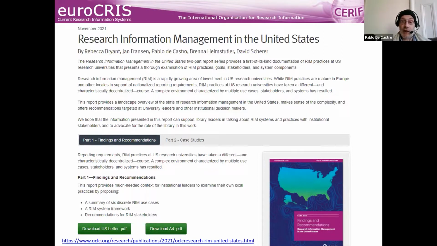So you can see the webpage where the report is available, again with the URL at the bottom of the slide. This was a summary of how research information management is being implemented in the United States, with a number of case studies for US universities looking into what workflows and what systems they're using over there.